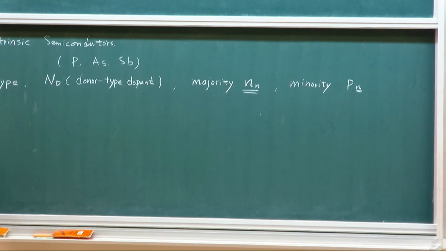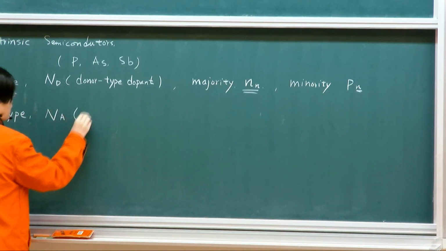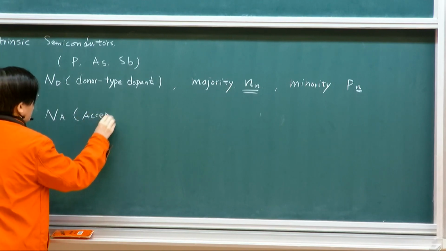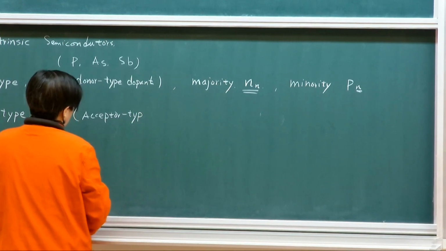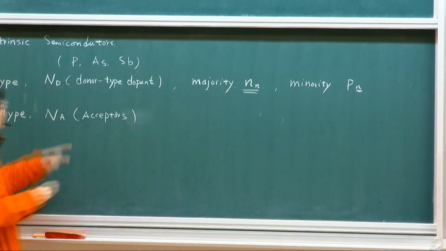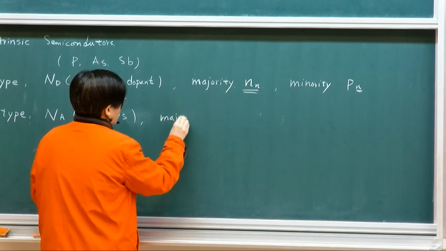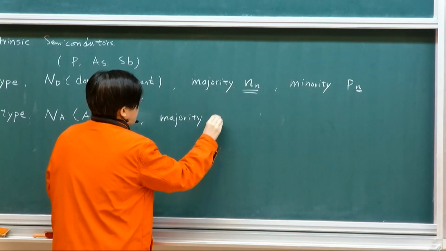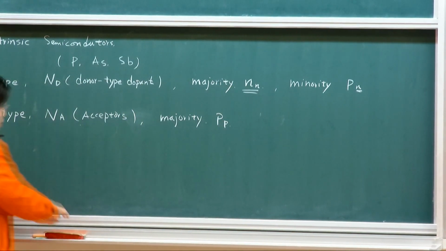Okay? So then, the second one is P-type. For P-type semiconductors, you dope it with what we call acceptor type dopant. A better way, you can actually just say acceptors. You put in acceptor impurities, and then the majority carriers will become holes. P sub P means that it's in P-type. Let me just write.